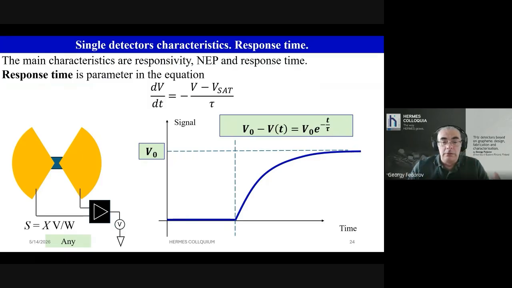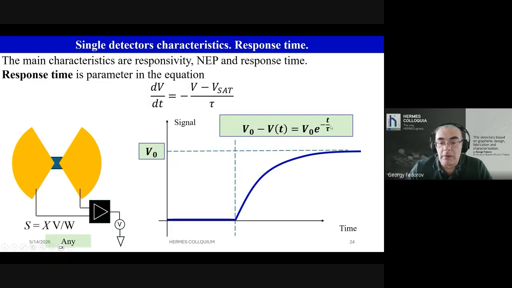And the definition here comes through this simple differential equation. There is no actually better definition than that. So the change of the signal depends on how far the signal is from the saturated voltage. So if we switch on light, we get this slow time-dependent change of the output, which exponentially approaches the saturated value.